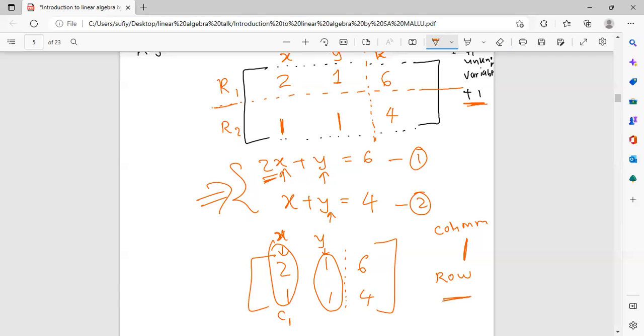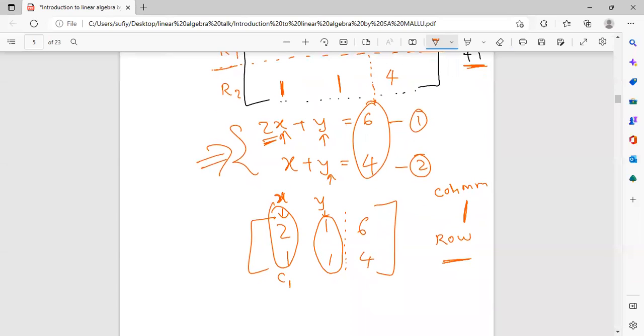So when we look at column 1, we have the coefficients of x in both equations. When you look at column 2, we have the coefficients of y. And then when we look at column 3, we have the given constants 6 and 4. Okay. So yeah, and we call this an augmented matrix.